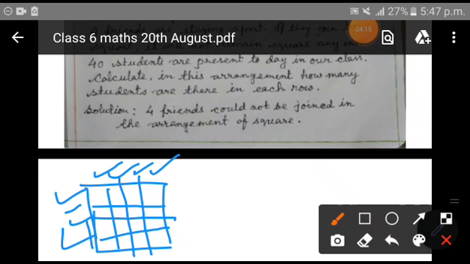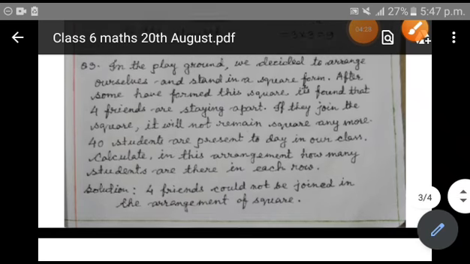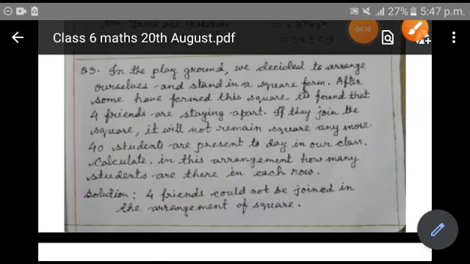So, the number of students in each row will be equal to the total number of rows formed. That is why we consider both to be the same, the number of students as x and also the number of students in each row as x, and also the total number of rows as x.